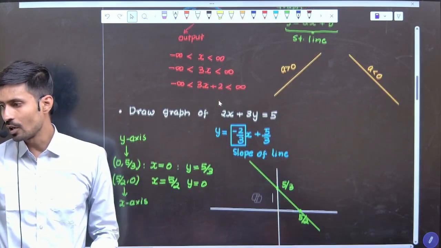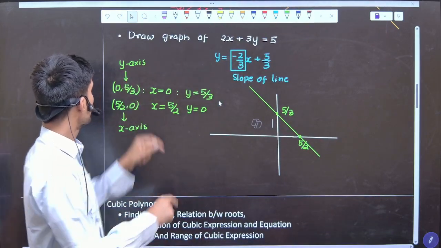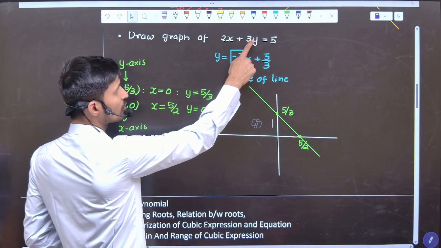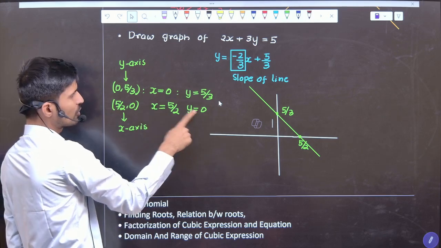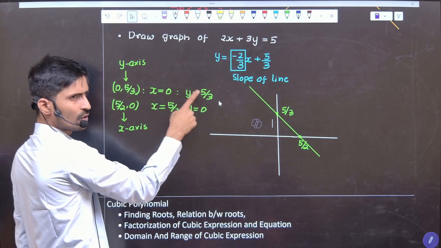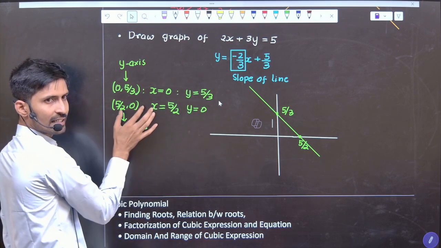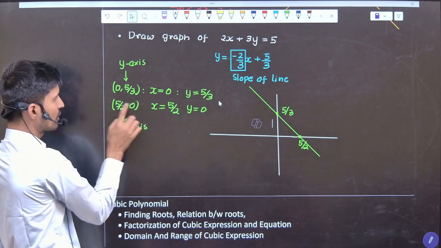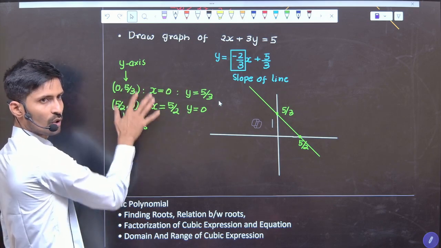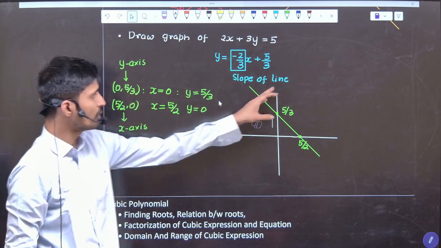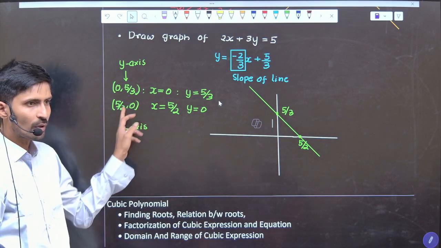Now, next, how to draw the graph? Drawing the graph is simple. First put y equals 0 and find x, and also put x equals 0 and find y. Two things you have to find, and you write both as points. The x coordinate first, the y coordinate second. You got 2 points. Now you mark both points on the x-axis and y-axis. When y is 0, the point lies on the x-axis.